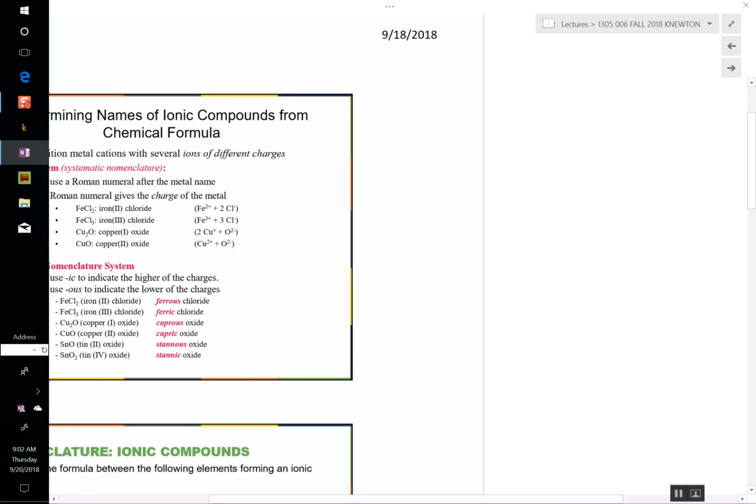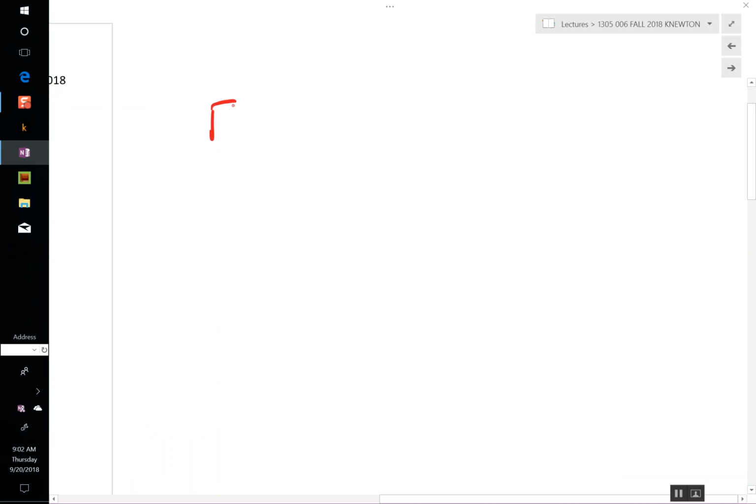So if I come on over here, we can get iron chloride, or we can get iron chloride. In this particular iron chloride, it's a +2 iron. Chloride is always -1. So in this iron chloride, it's a +3 ion.